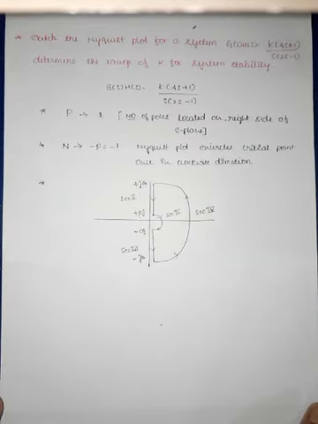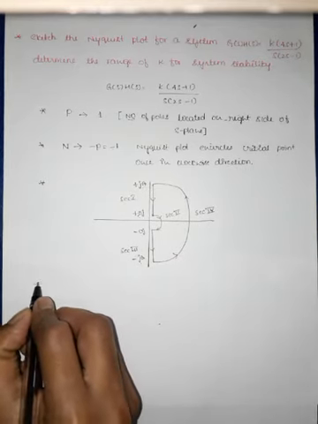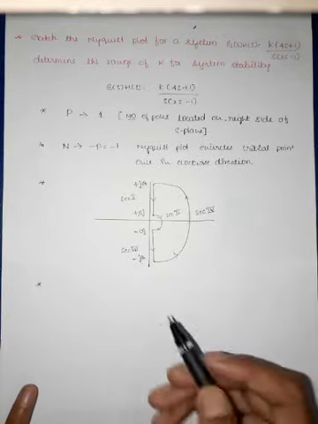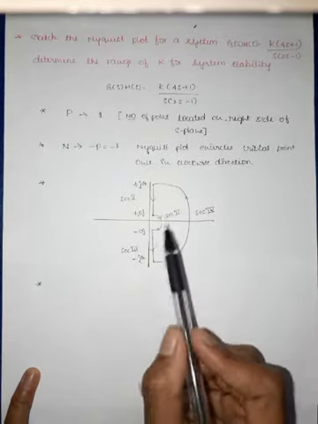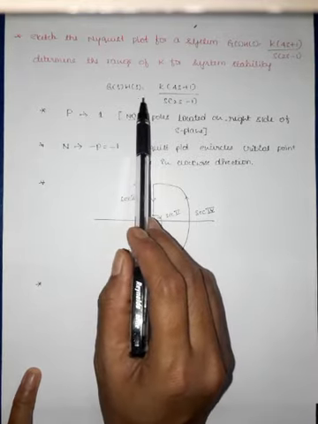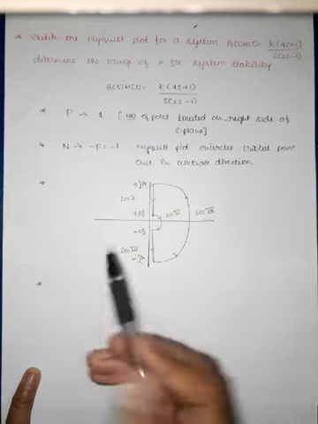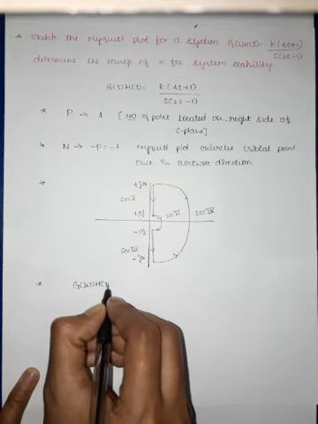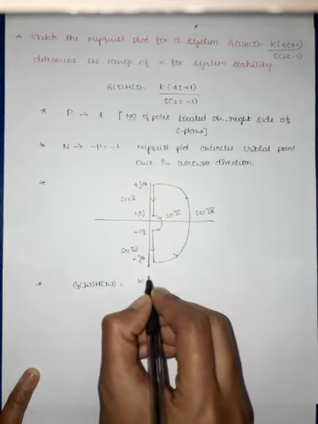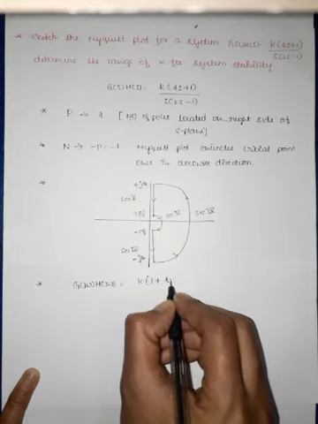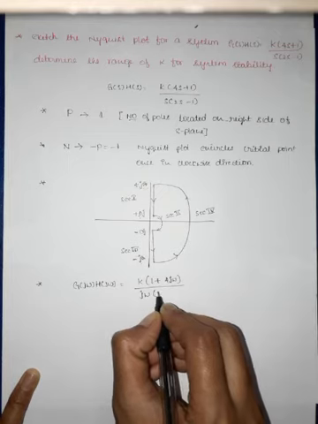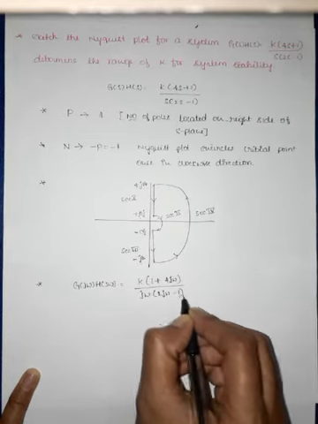Next I am going to analyze each section one by one. First I need to get the expression for the magnitude as well as the phase angle to analyze each section. For that I am going to take the open loop transfer function and replace s by j omega. G(j omega)H(j omega) is equal to K(1 + 4j omega) divided by j omega(2j omega - 1).